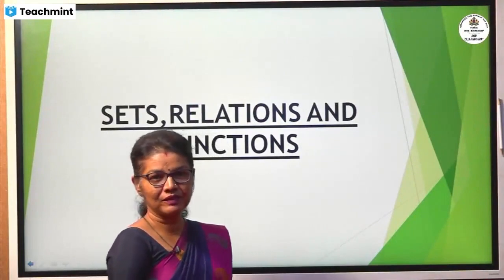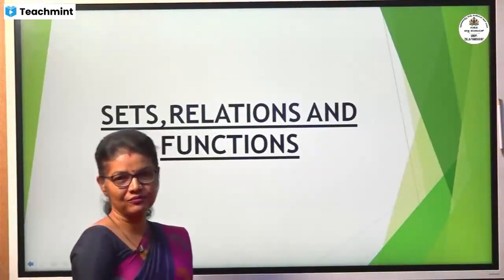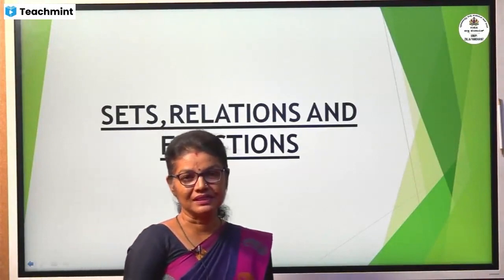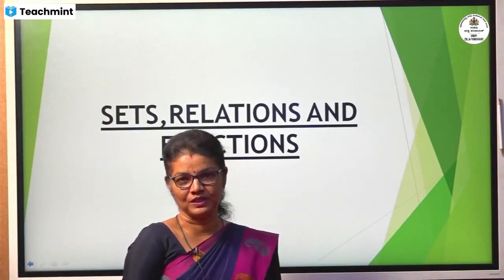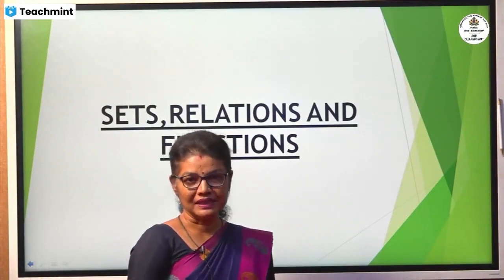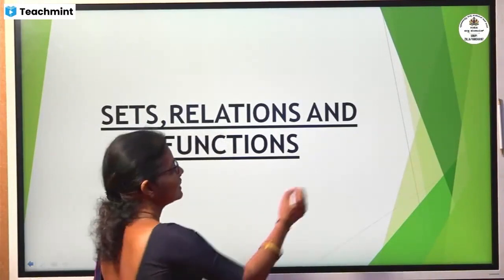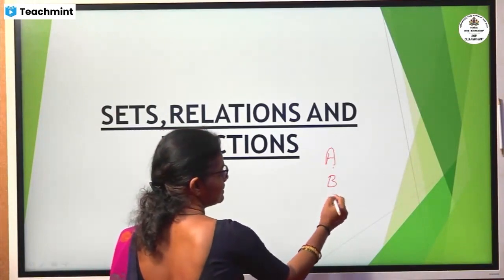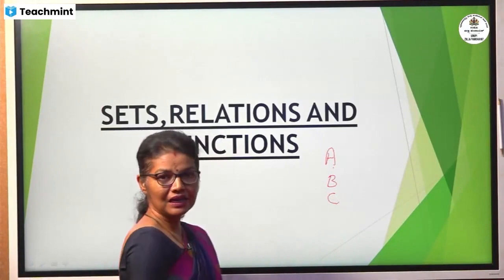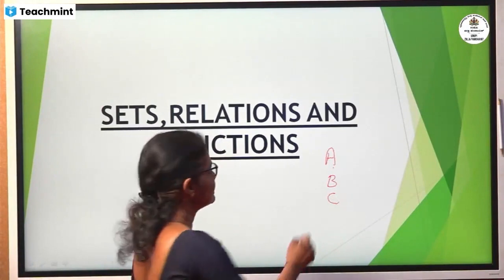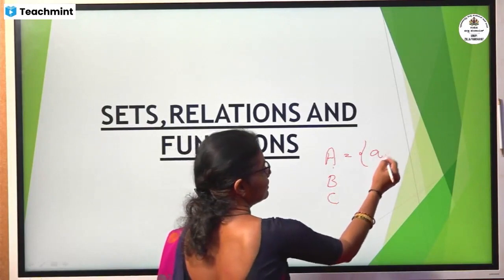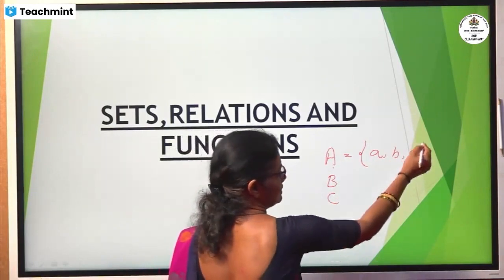Today I'll start up with sets, relations and functions. As you all know, a set is a well-defined collection of objects, and a set is denoted by capital letters like A, B, C, etc. Elements of the set are written within the flower bracket, separated by commas.